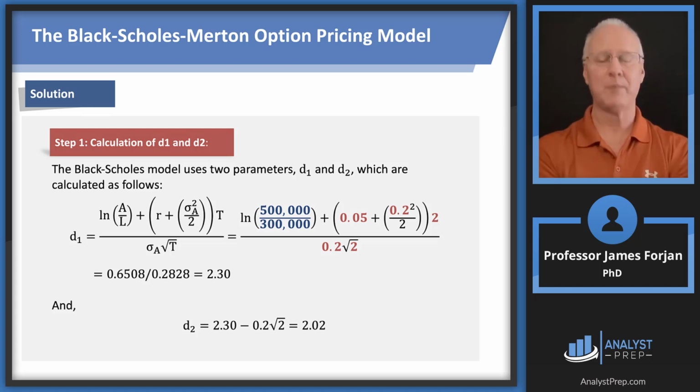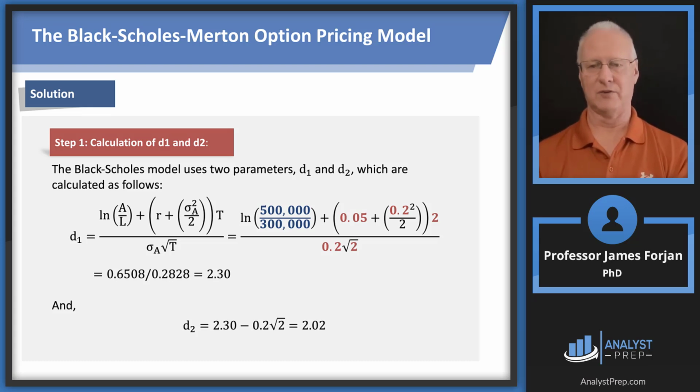So you got a number on the top left, number on the top right, and then the bottom is pretty straightforward down there, 20% of the square root of 2. So there you get a D1 of 2.3 and a D2 of 2.02. I'm going to go ahead and say, hey, pause the video right now. Make certain that you can get those calculations.